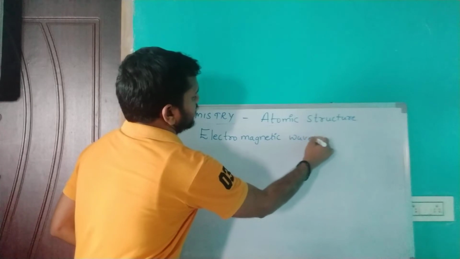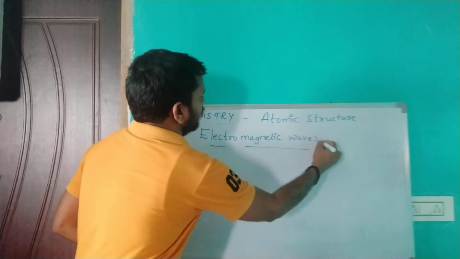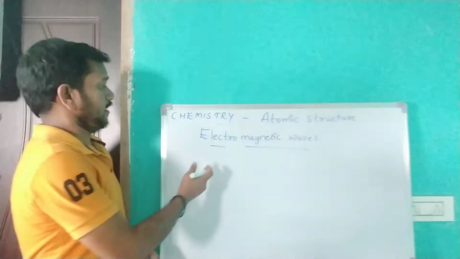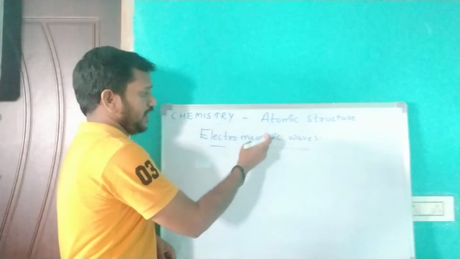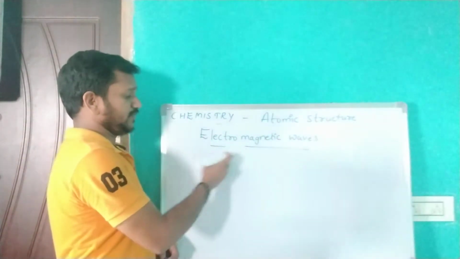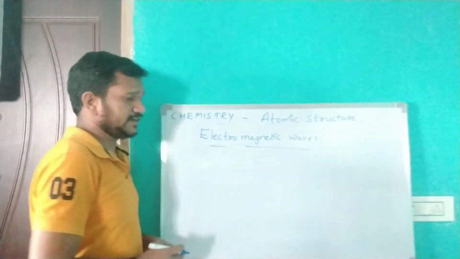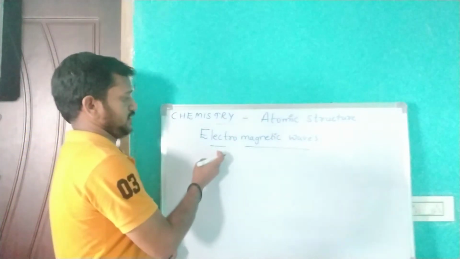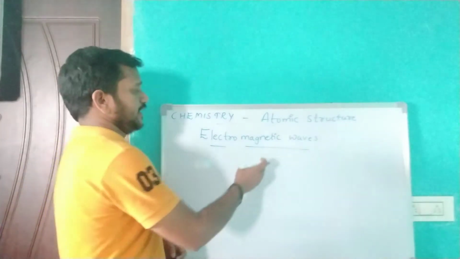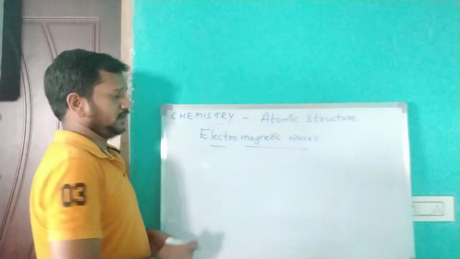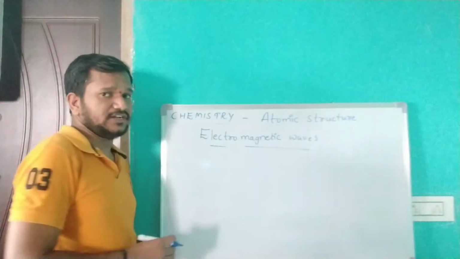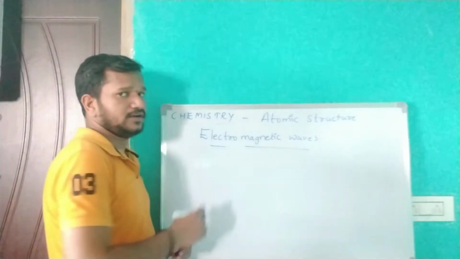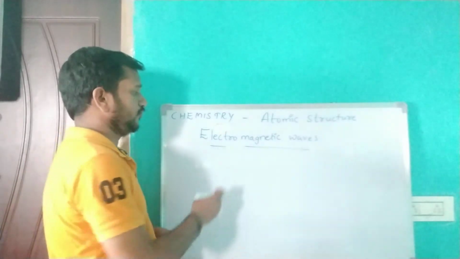So we are going to study electromagnetic waves here. The name indicates that it represents two components: one is the electric component and the other is the magnetic component. That is, one is the oscillating electric field and the other is the oscillating magnetic field.